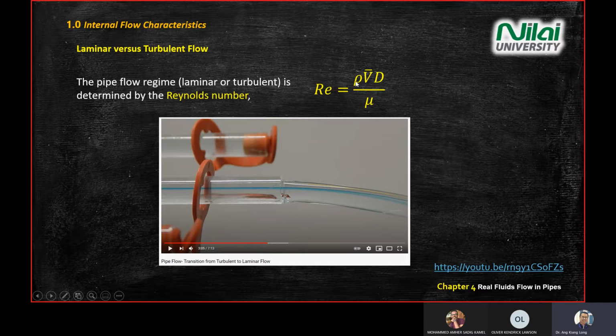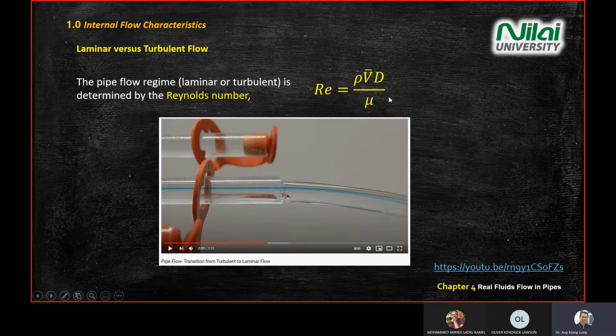The rho is the density of the fluid that you use. What will change the rho is the pressure and the temperature of the experiment. Velocity is the velocity of the fluid here. D is the diameter of the vessel or container that you use, so normally the D will be fixed.